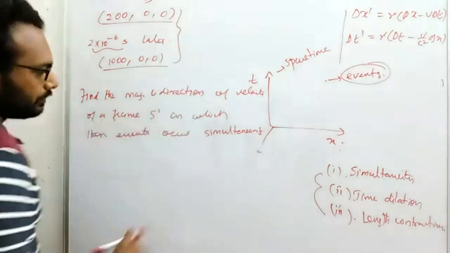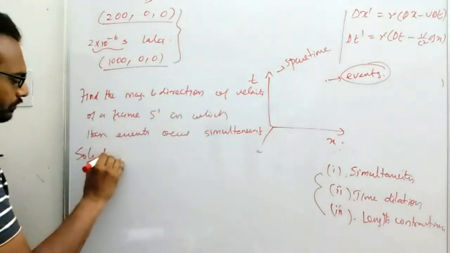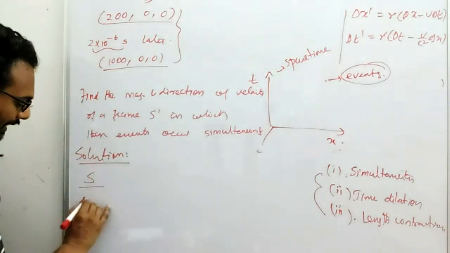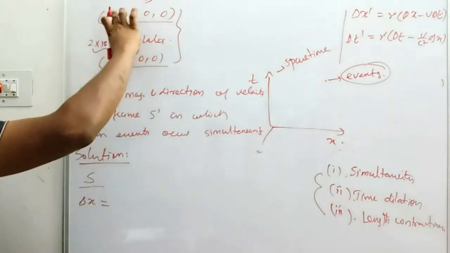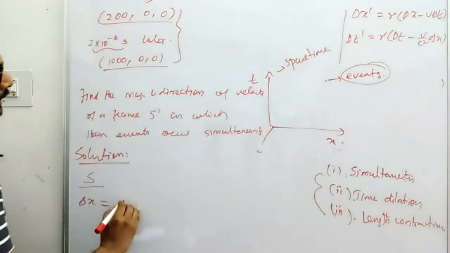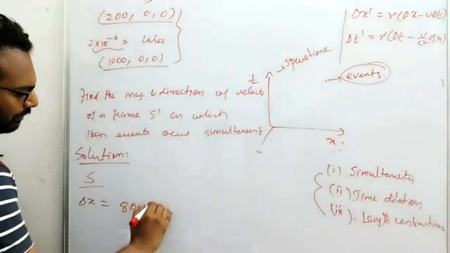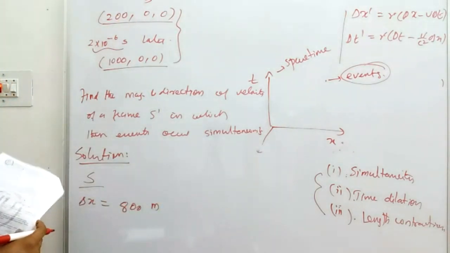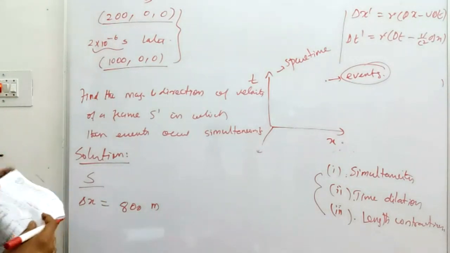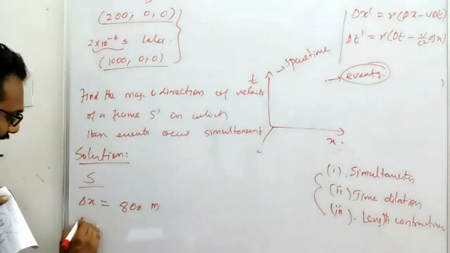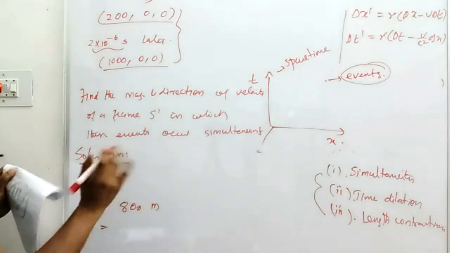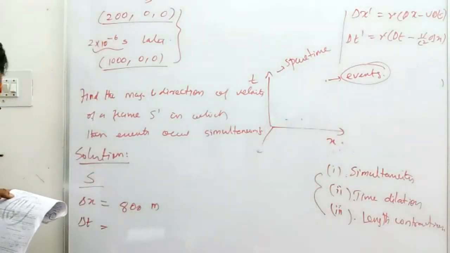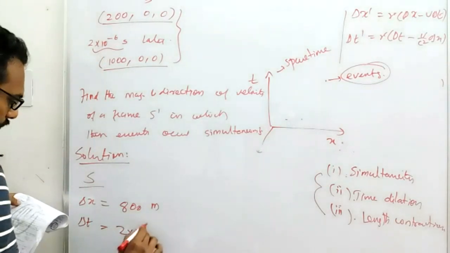So in the S frame, let's do the solution here. We know in the frame S, delta X, the spatial separation between these two events, is equal to 800, maybe meters. And delta T, the two events are separated by 2 multiplied by 10 raised to minus 6 seconds.